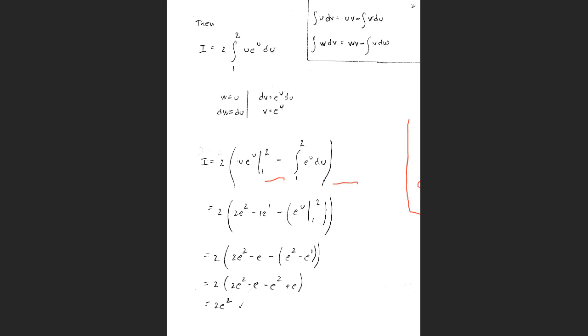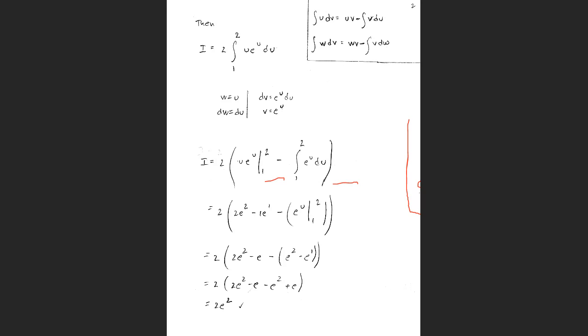Well, then I'd have dw equals e to the u du. But what would v equal, class? If I let dv equal u du here, what would v equal?